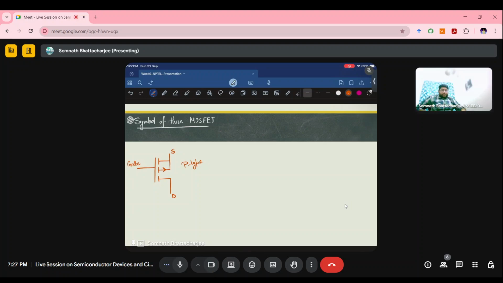So this is the symbol of a basic p-type enhancement type MOSFET.